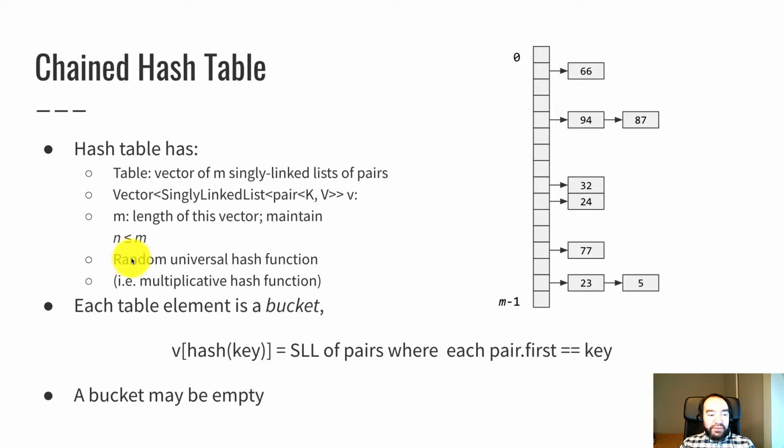We use a random universal hash function such as multiplicative hashing, and we call every table element a bucket. I said it's a chain; sometimes it's a chain, sometimes we call it a bucket. The invariant is that V at hash of key is a singly linked list of pairs where every pair's first element, meaning the key of that pair, hashes to that index. And a bucket can be empty.